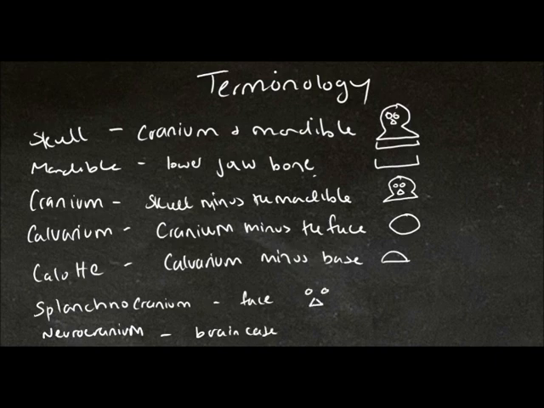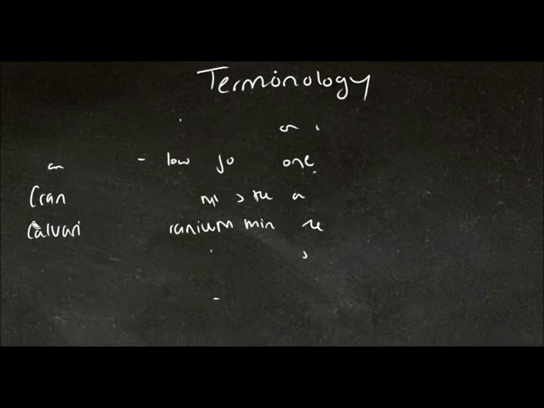So you have parts of the facial skeleton, or you have just the brain case of the skull. We're going to be mainly looking at adult skulls, but I'll take you through some features of the juvenile skull.